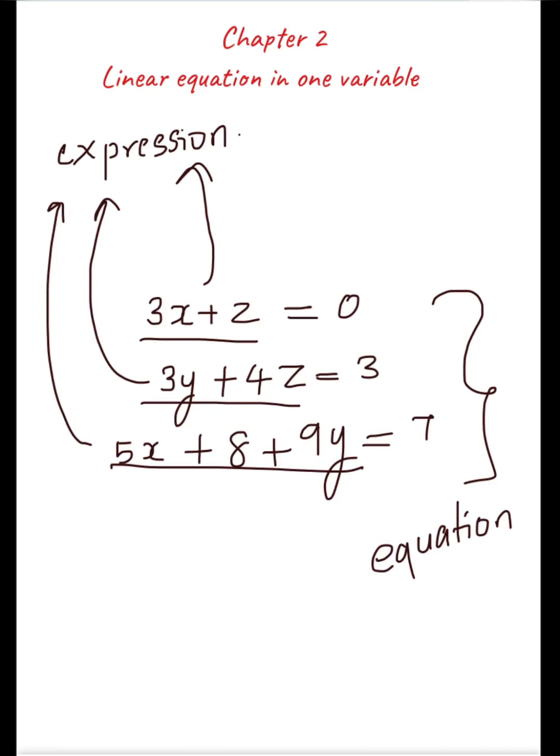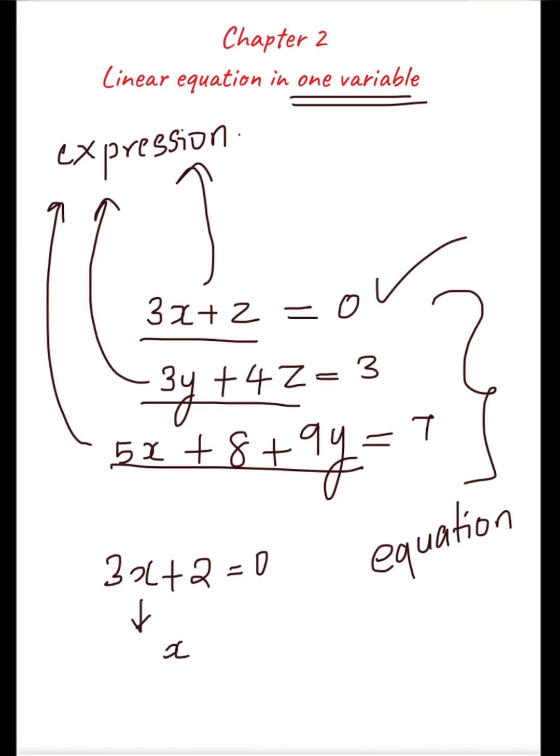Now you can see in our heading, linear equation in one variable. What do you mean by one variable? In the first equation, 3x plus 2 is equal to 0, we have used only one variable, that is x.